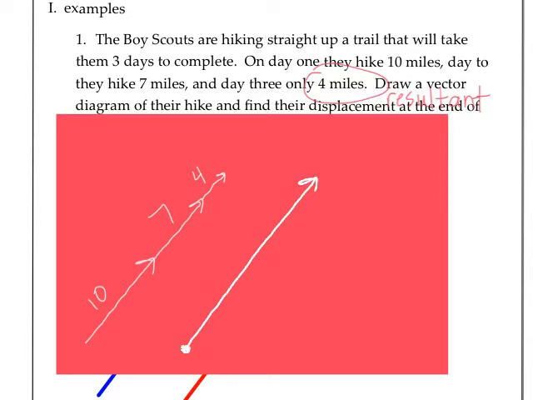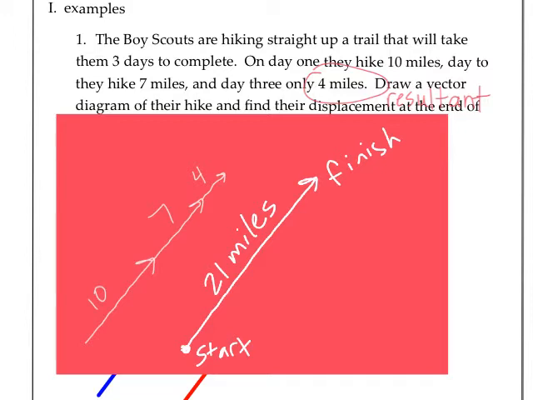And how many total miles would that be? Okay, 21. So their displacement, they started down here, and it points to where they finished up at the top of the trail. So if your vectors are all in the same direction, you just simply need to add them together.